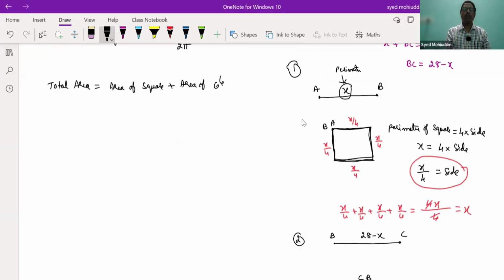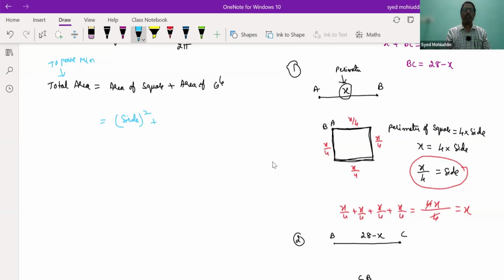We need to prove that this area is minimum. The area of the square is nothing but side square, right? So area of the square will be side square, and the area of the circle we know is pi r square.